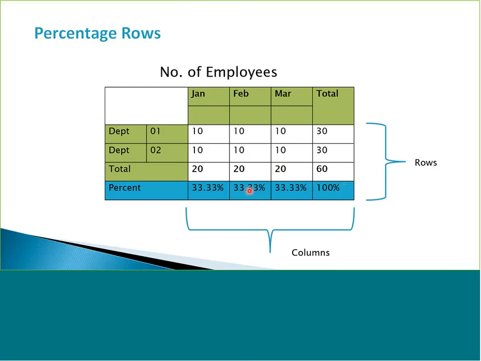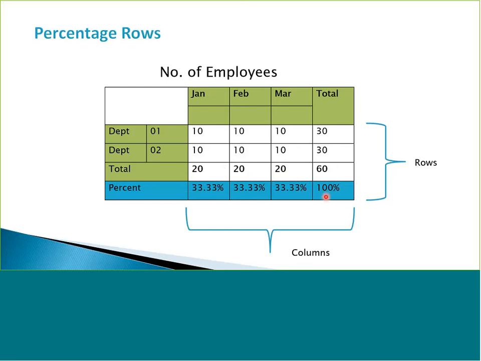So we need to tell Oracle that to get this percentage figure, we are using this as the denominator, okay? And then we are dividing each of these individual values by this denominator to get this percentage.